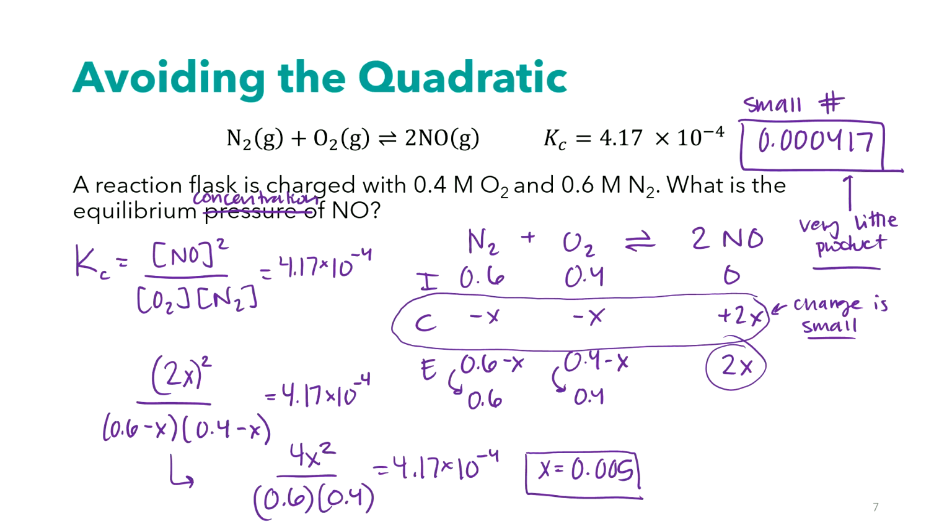So this is a good thing to get comfy with now, that yes, this number is much smaller than these two numbers by a factor of 100. So I can go back and say, yeah, that was a good assumption, and at the end of the day, I'm going to make 2 times 0.005, and I'm going to have 0.01 molar. That's a little bit of an approximation, but it's good enough.